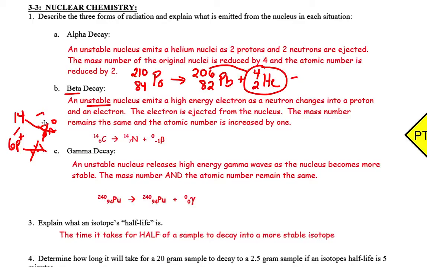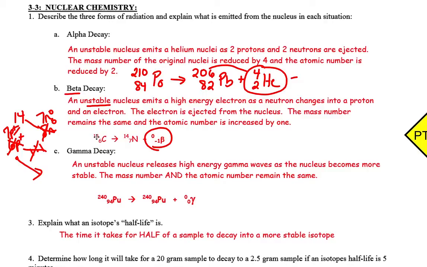So it goes from 8 neutrons down to 7 neutrons, 6 protons up to 7 protons, because one of these neutrons flips and becomes a proton. Now when it becomes a proton, it's positive. The negative portion of it, the little tiny negative electron, pops out. And that's what we call our beta particles here.